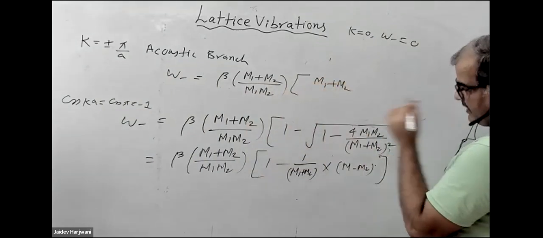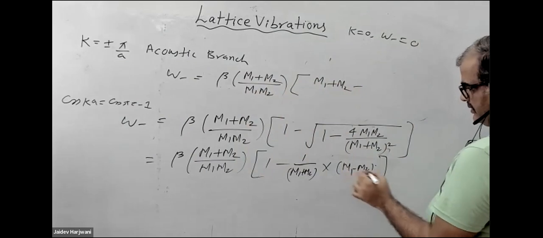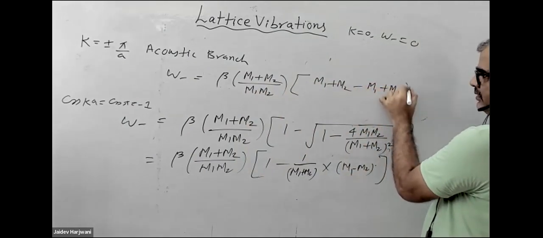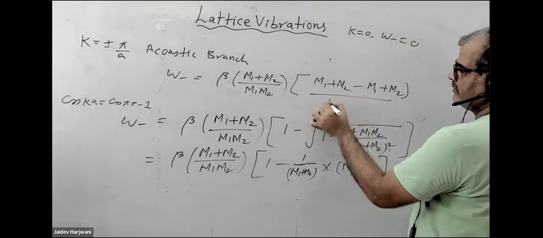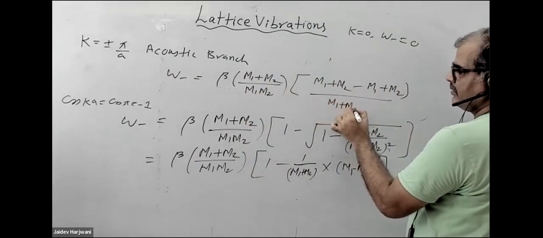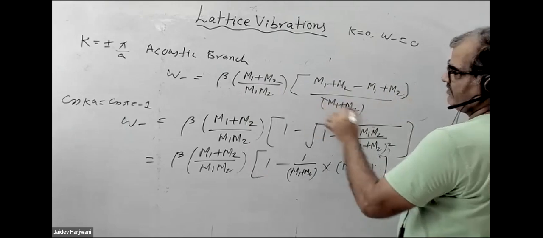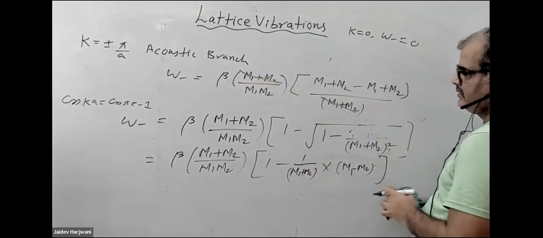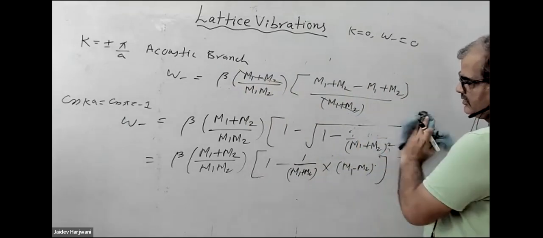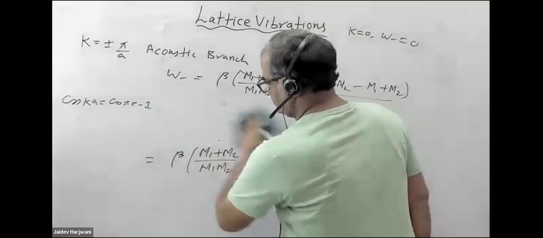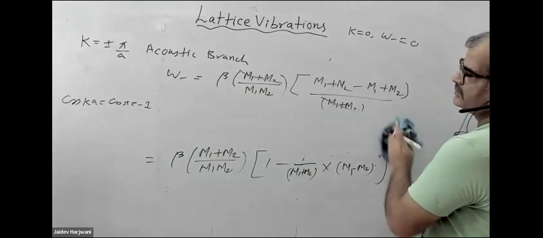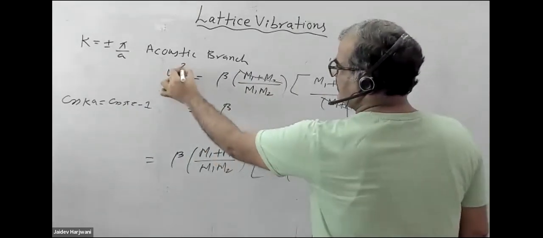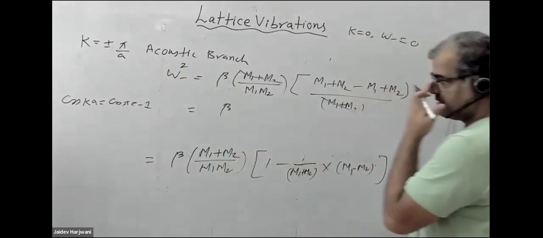Okay, m1 plus m2 cancel. So I'm erasing this one. So this will give me what? Beta, this is square. Sorry, not a minus, this square.